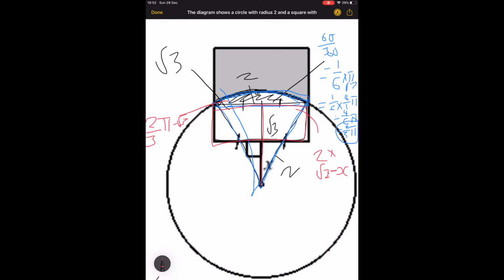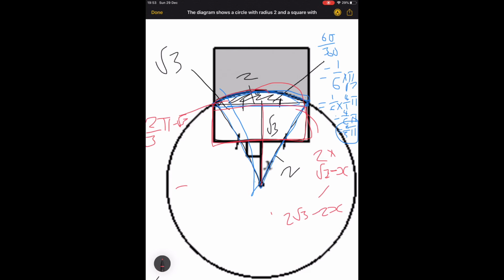So 2 times root 3 minus x, which is the same as 2 root 3 minus 2x. So now we can add our two areas up to get the area of the whole part here. And because we have it in terms of x, we can solve the equation for x.